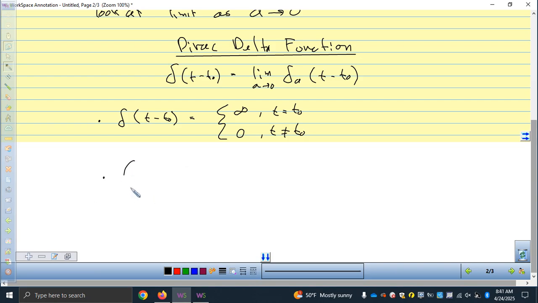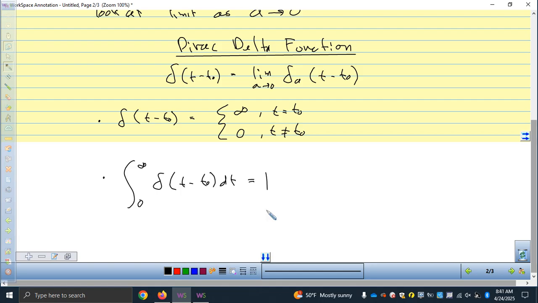And the integral from 0 to infinity of delta of t minus t0 dt equals 1. Again, mathematically that doesn't really make sense, because delta is 0 away from t0, so we have infinity times 0, and we're saying infinity times 0 is 1.